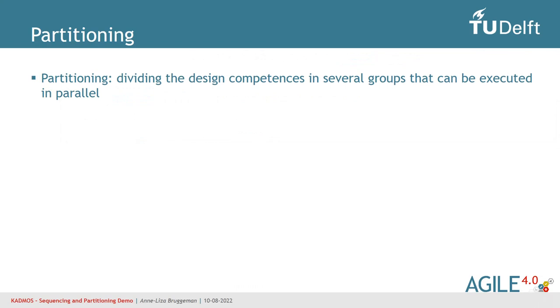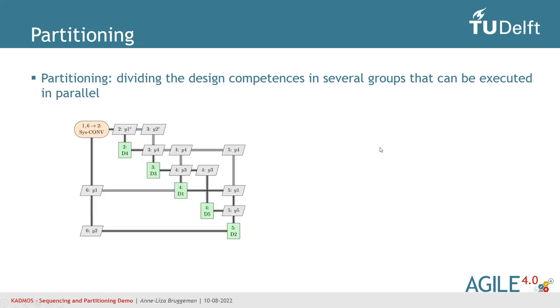Partitioning is dividing the disciplinary tools in several groups that can be executed in parallel. To show how this works, let's take the example we also had for the sequencing. So we have here 5 disciplinary tools with a converger around it. If we now give all of the tools an execution time, we can calculate how much time it takes to do 1 iteration.